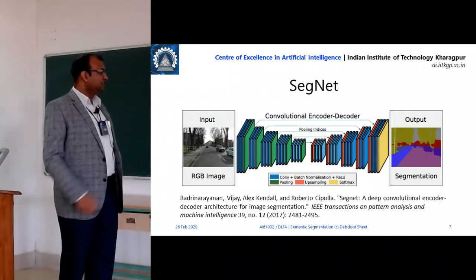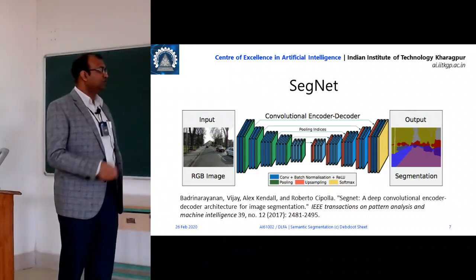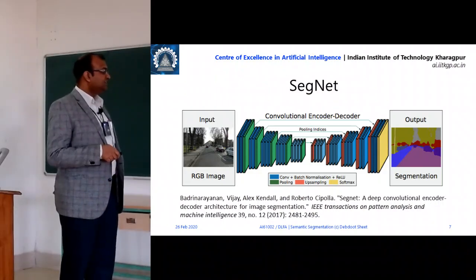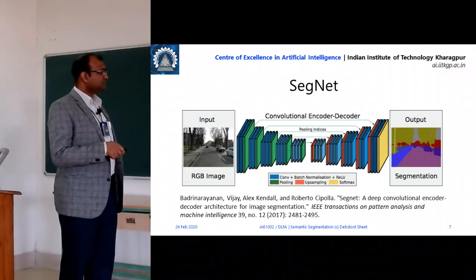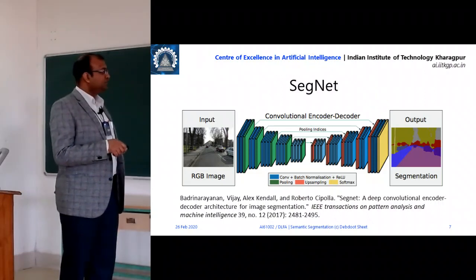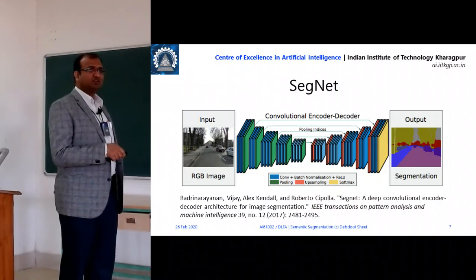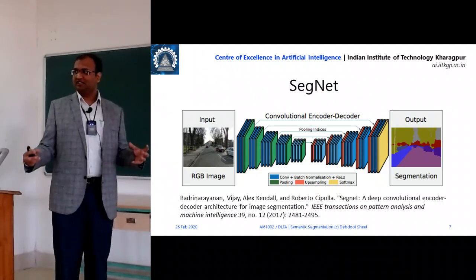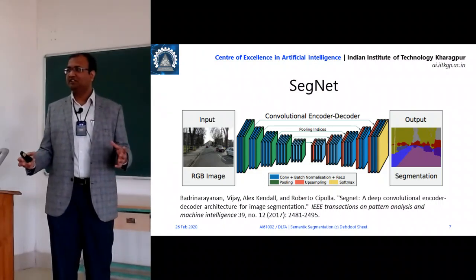Now the next network which I would speak about is what is called SegNet. Interestingly, what these guys did was, if you look at this part, it looks almost like a pyramid, and this is what we generally call an encoder. That's where this term comes from. It is an encoder because it takes in an image and brings it down to a latent space which will have some information in a reduced number of codes.